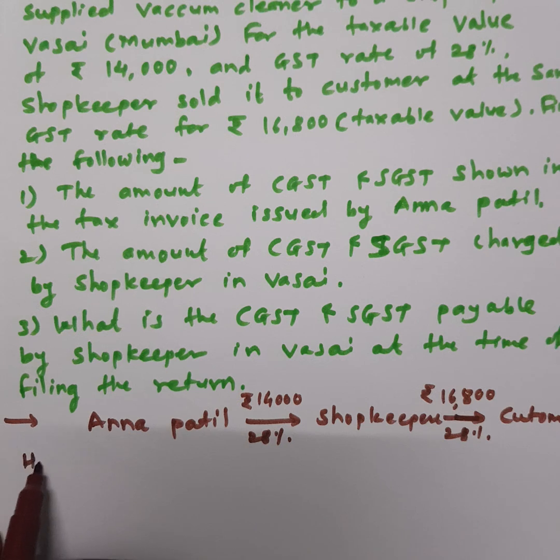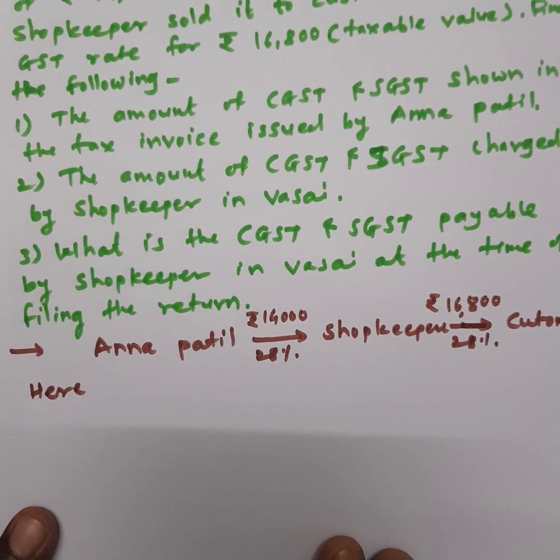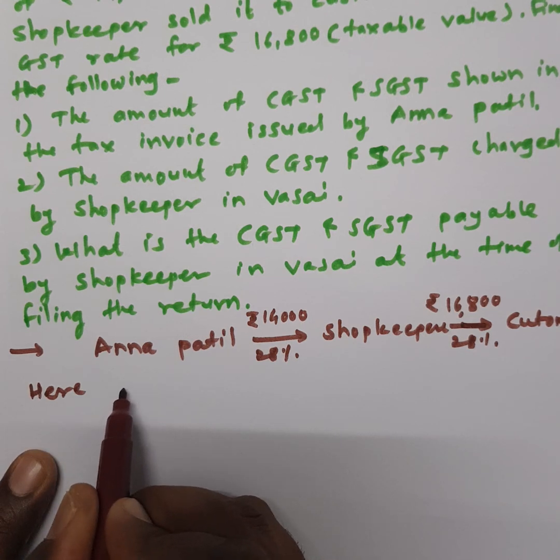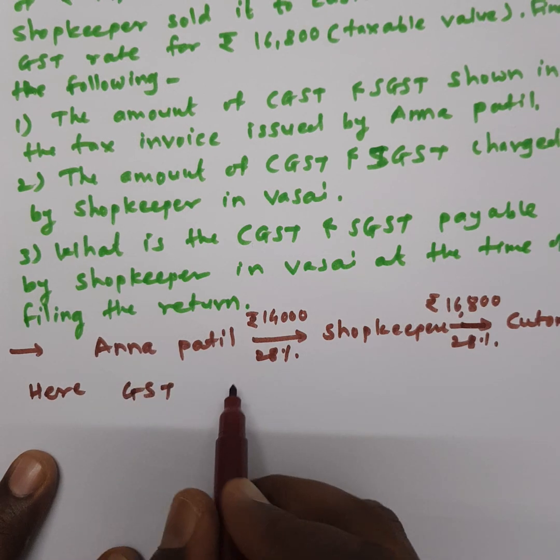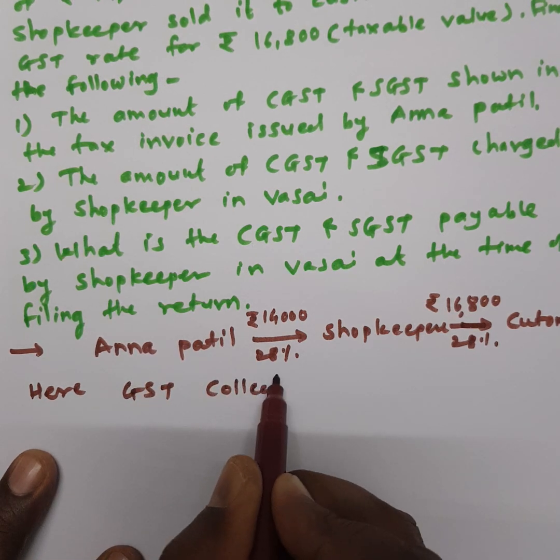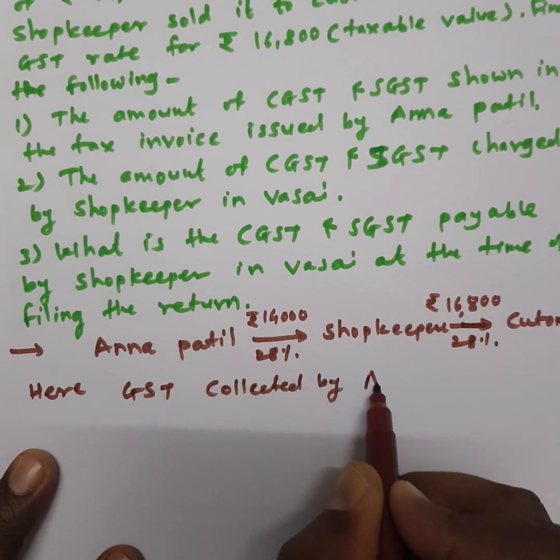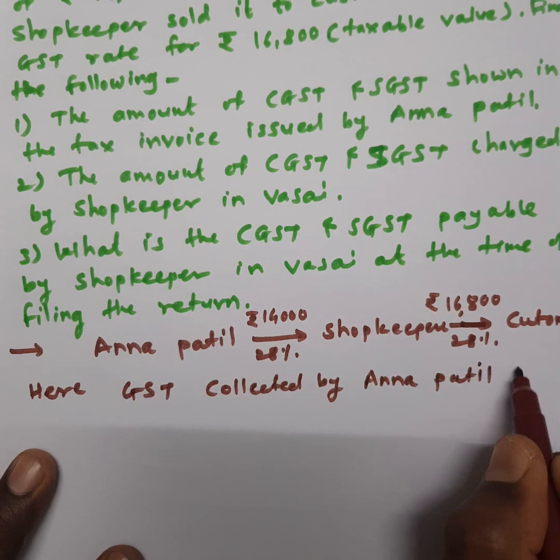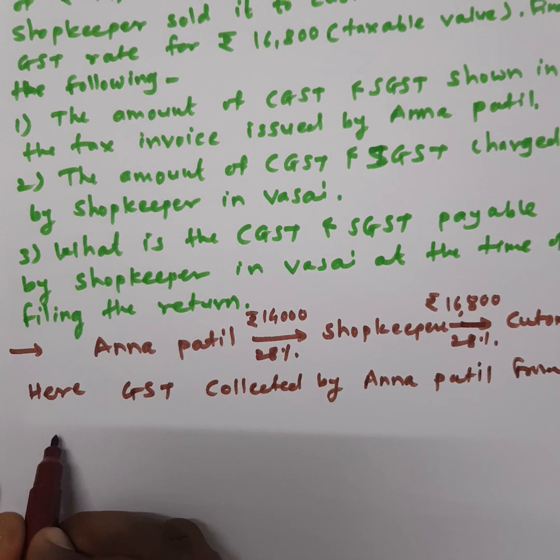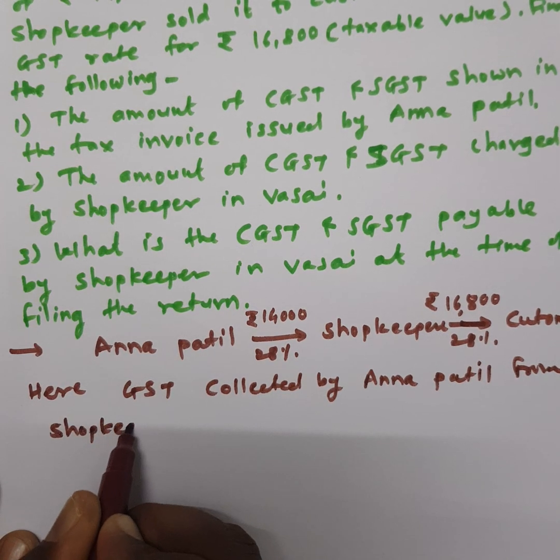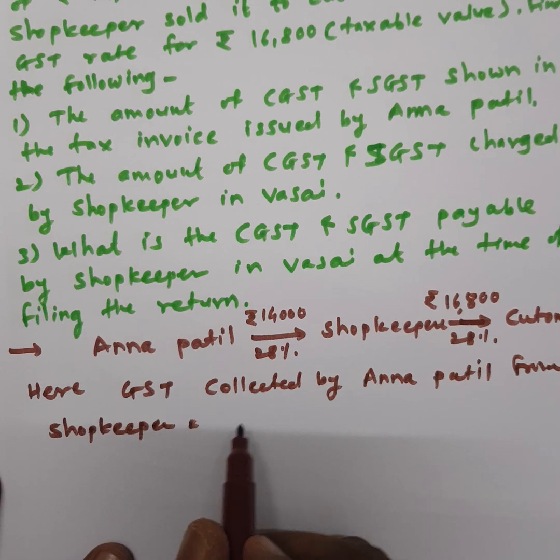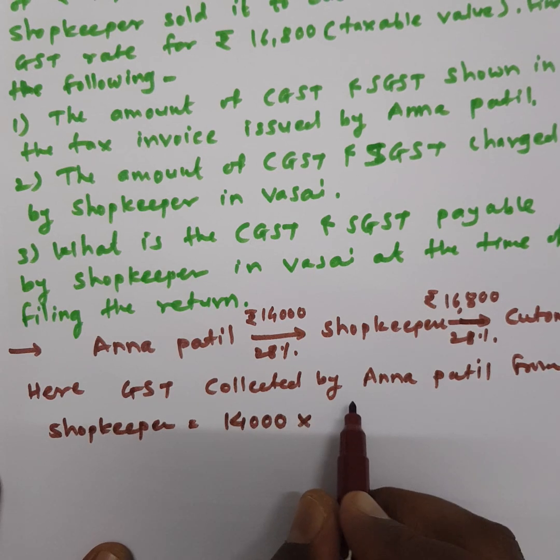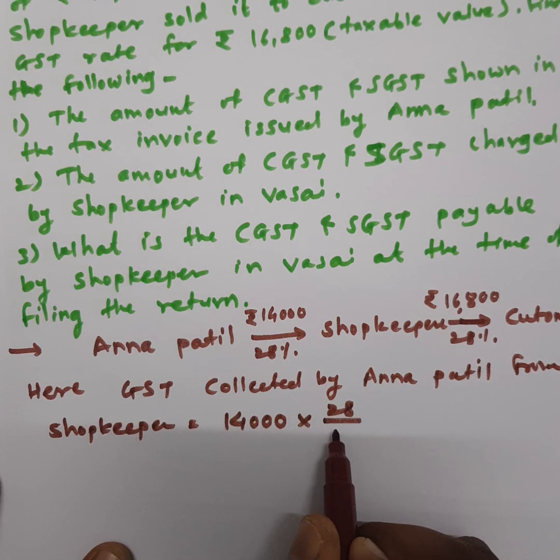Here GST collected by Anna Patil from the shopkeeper is equal to 14,000 into 28%, that is 28 upon 100.